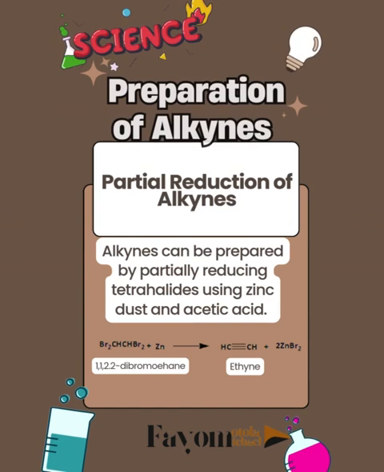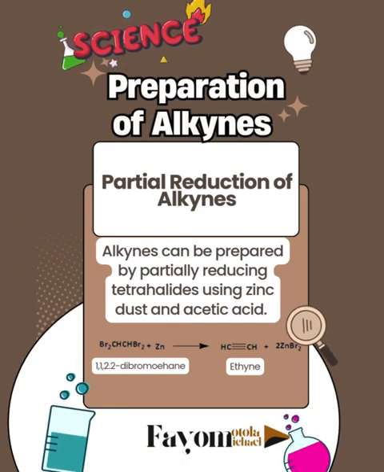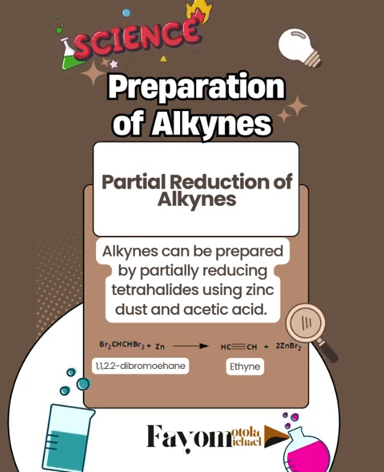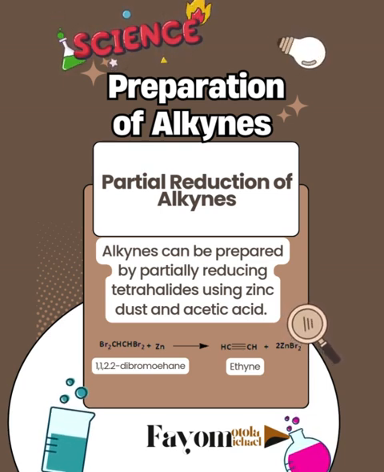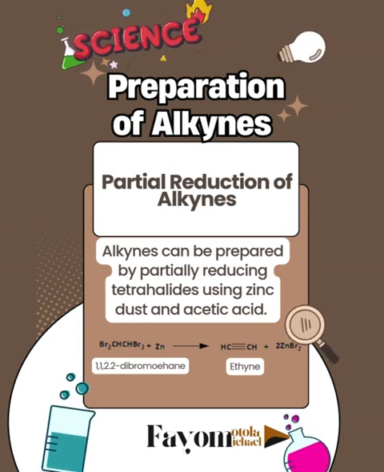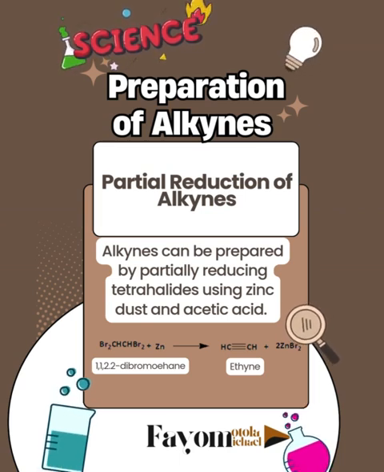Also, another method is partial reduction of tetrahalides. Alkynes can be prepared by partially reducing tetrahalides using zinc dust and acetic acid. This process involves the selective removal of two halogen atoms to form alkyne.